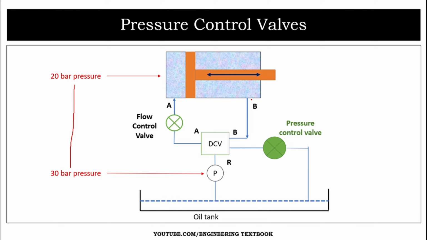This clearly means we have to control the pressure of oil from 30 bar to 20 bar after the pump, to a suitable level for the actuator. So this is done by a pressure control valve. To control the pressure and to decrease it from 30 bar to 20 bar, a pressure control valve is attached.